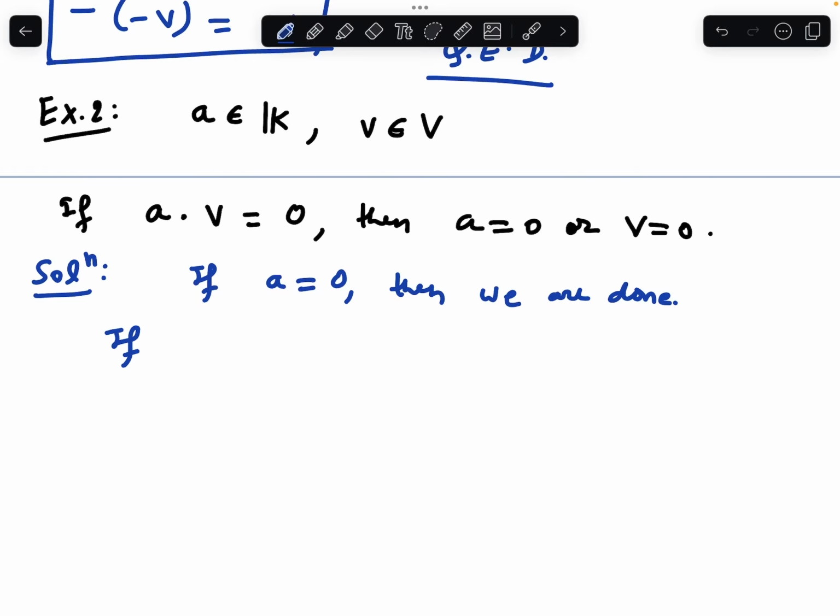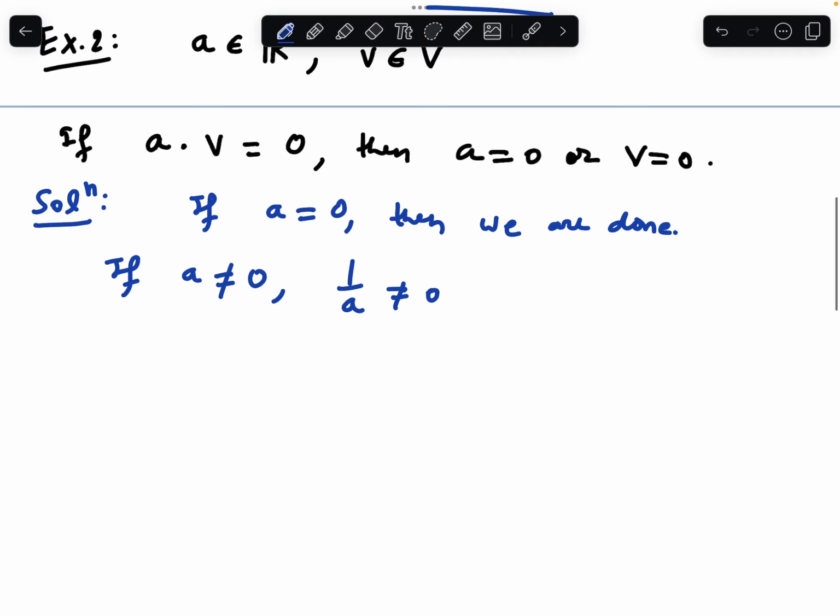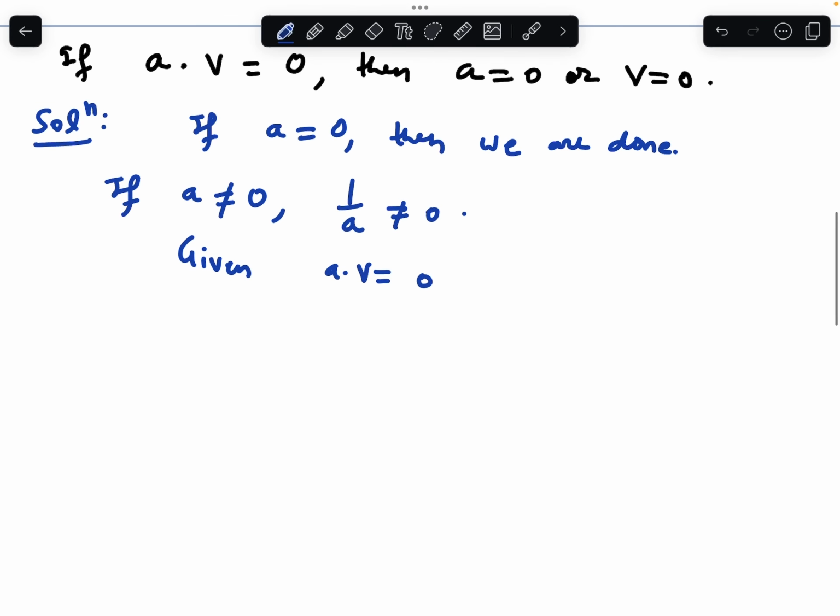And if A is non-zero, then 1 by A is non-zero. Now, given that A dot V is 0, we can multiply both sides by 1 by A to obtain this, right?